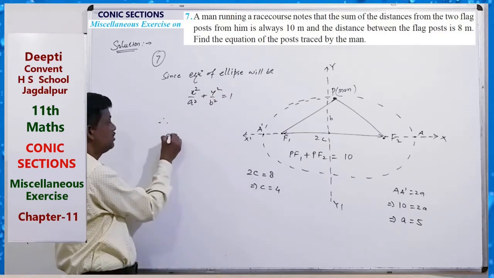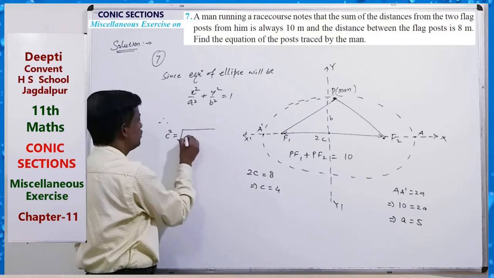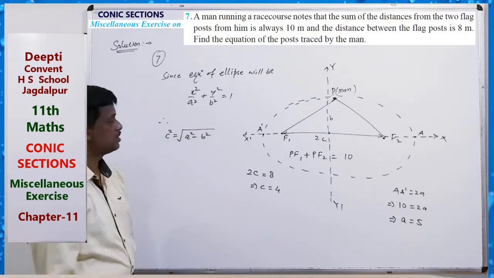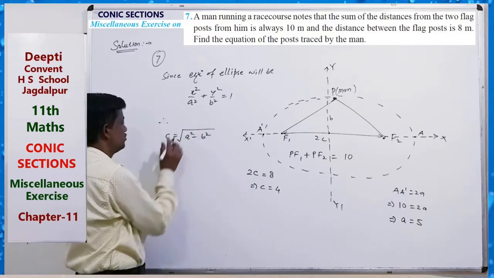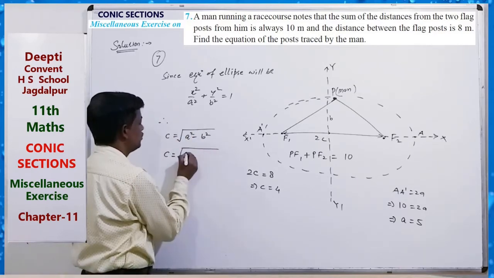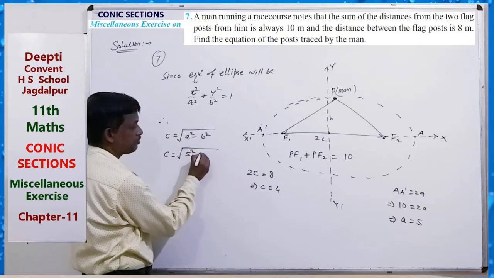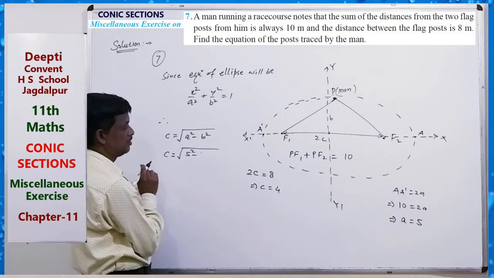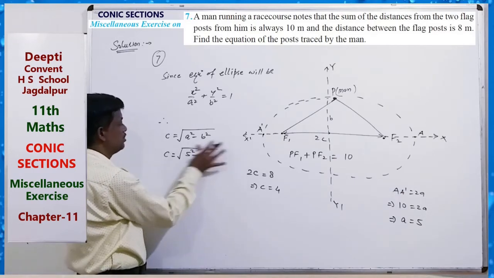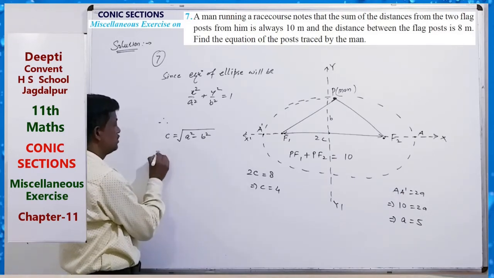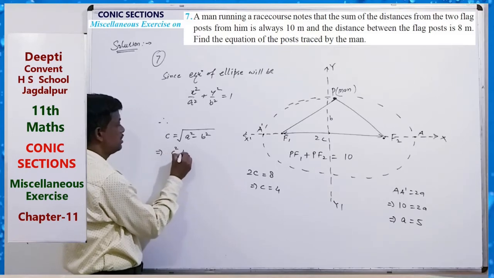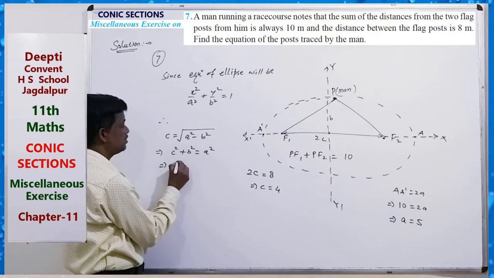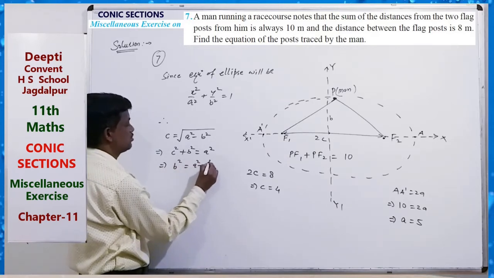Therefore, what? c equals root of a square minus b square... no, where c is given. So c square plus b square equals a square. So b square equals a square minus c square.